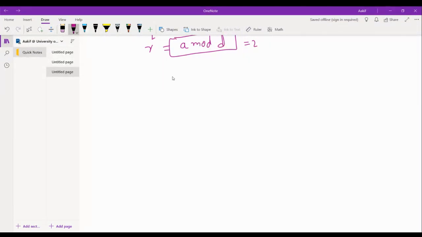So congruence is a relation, and it is represented with this symbol.